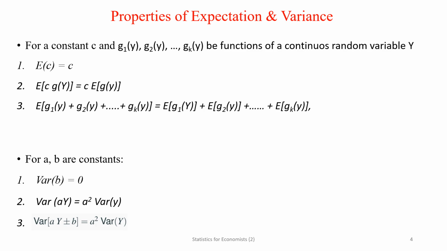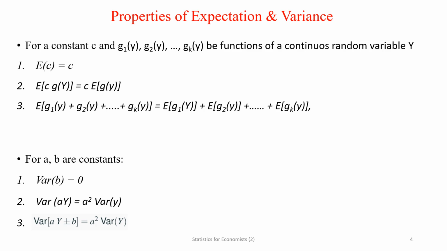For a and b constants, what's the variance of a constant? What's the variance of b? It's 0, yes. The variance of a constant multiplied by the random variable itself: let's move the constant outside the variance and square it.